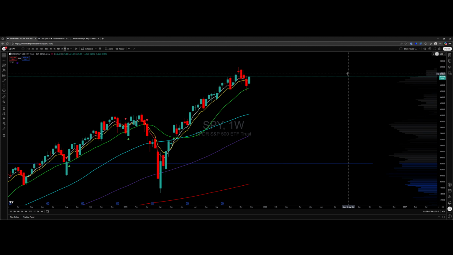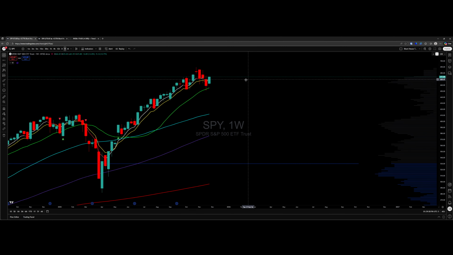That's not automatic. And what happened here is that we've come back to the 20 weekly on SPY, tagged it, wicked it, and prices popped. And at no time, even through all of this, which turned out to be a month's worth of drama to the downside, did it produce a sell signal. And now you've got this green candle pushing higher here.